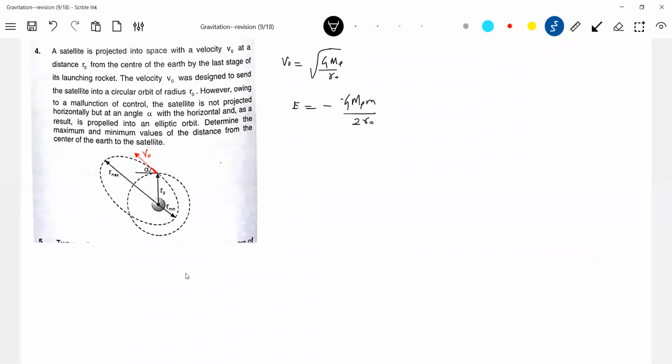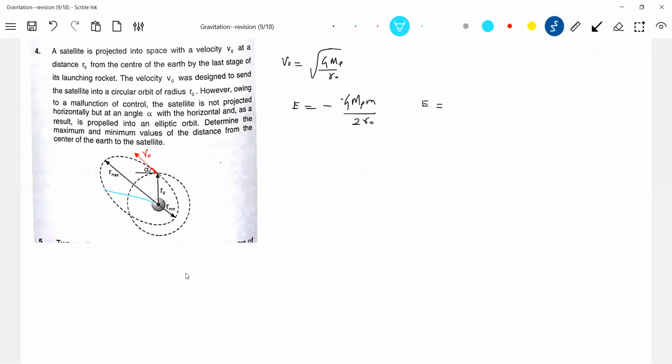And what is R naught? This should be the total energy it is possessing. This E should be equal to minus G... after certain time, somewhere here it is.